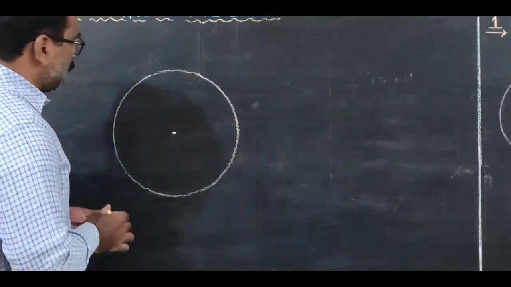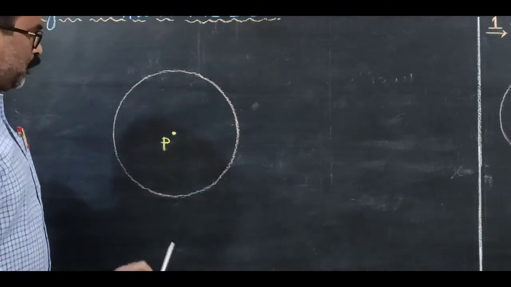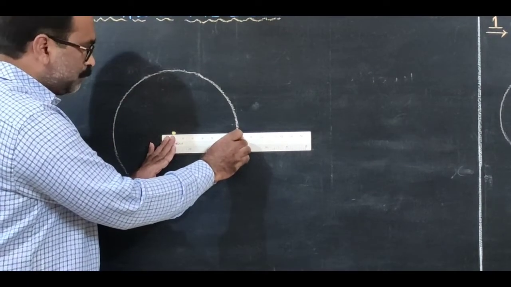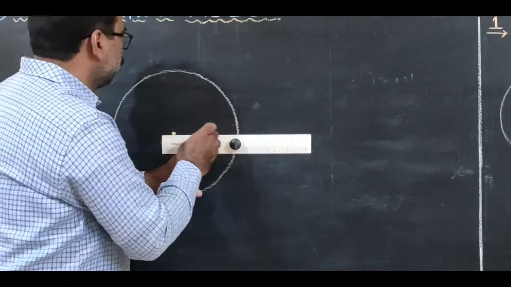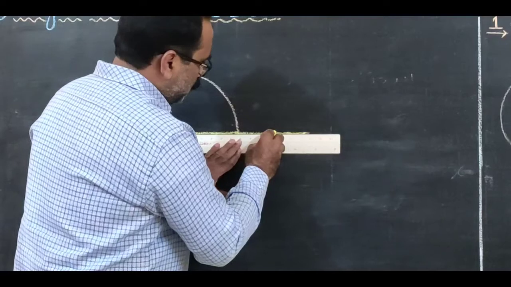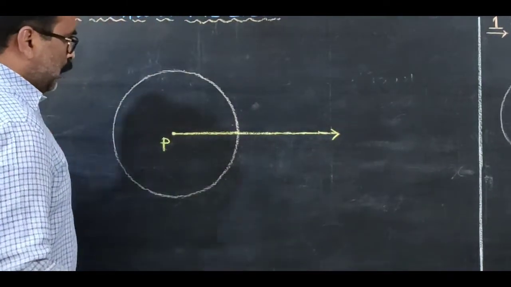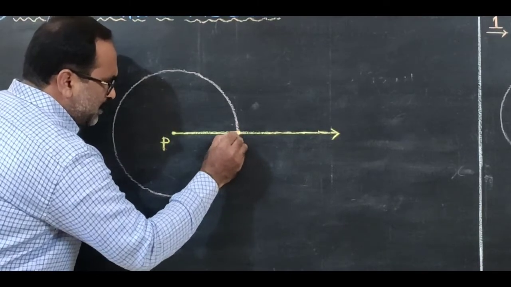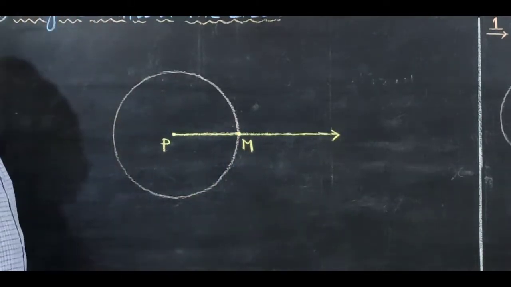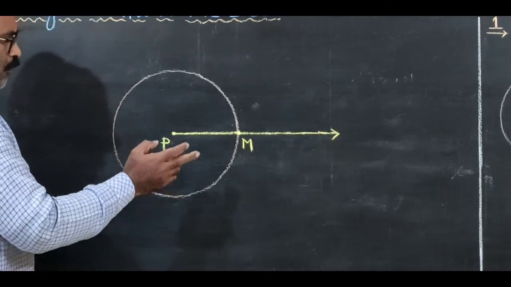Here the center of the circle is P. Now we draw a ray from P. We give the point of intersection of the ray and the circle as point M.